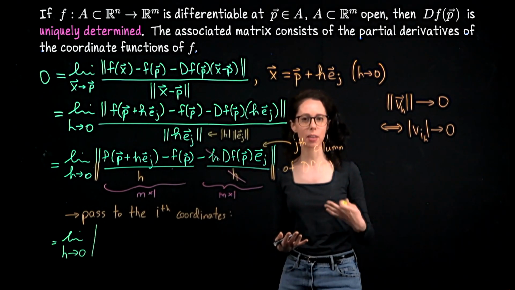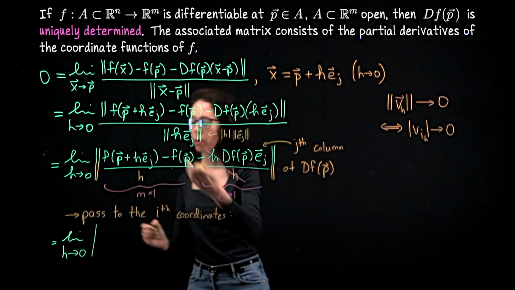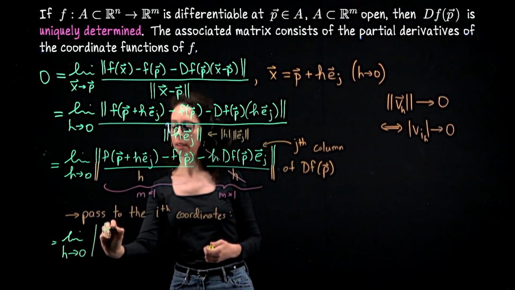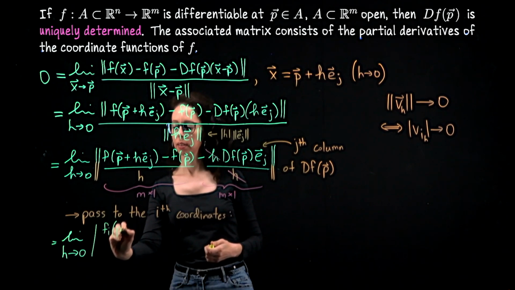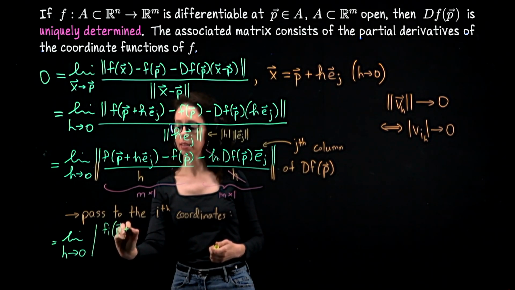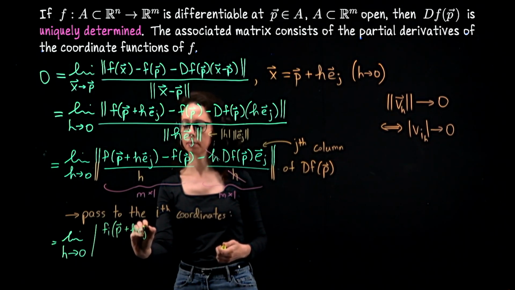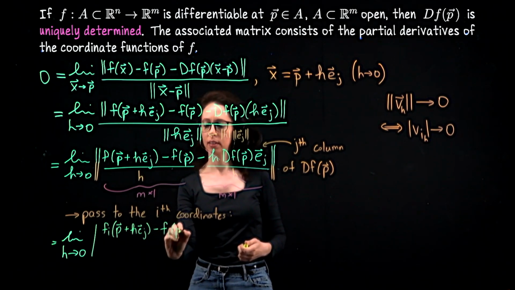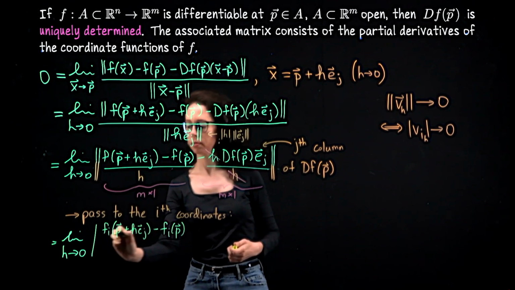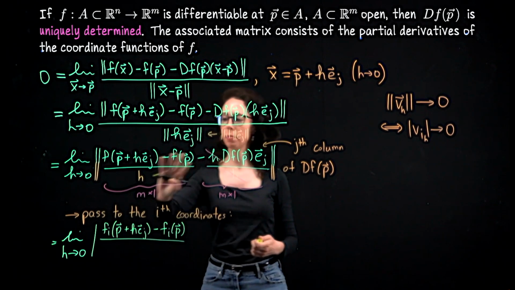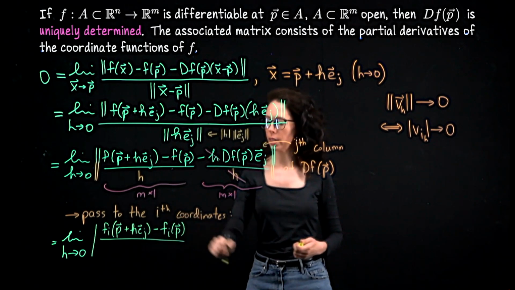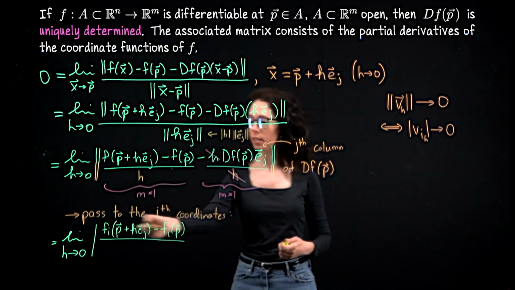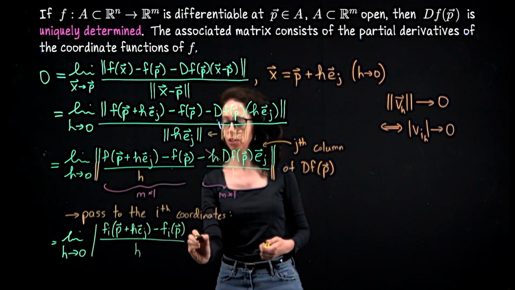That's what we called f sub i a moment ago. So in this numerator, I'm going to write f sub i at p plus h e_j minus f sub i at p. So pass from this vector expression to this ith coordinate function. These are scalars now. Divide that by h.